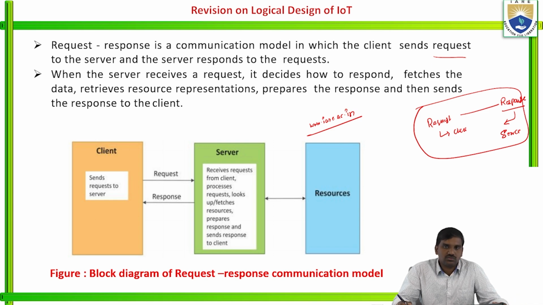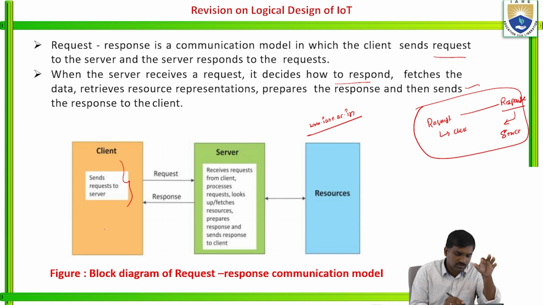When the server receives a request, it decides how to respond, fetches the data, retrieves the resource representation, prepares the response, and sends the response to the client. These are the theoretical points regarding the request response communication model. The client sends a request to the server.